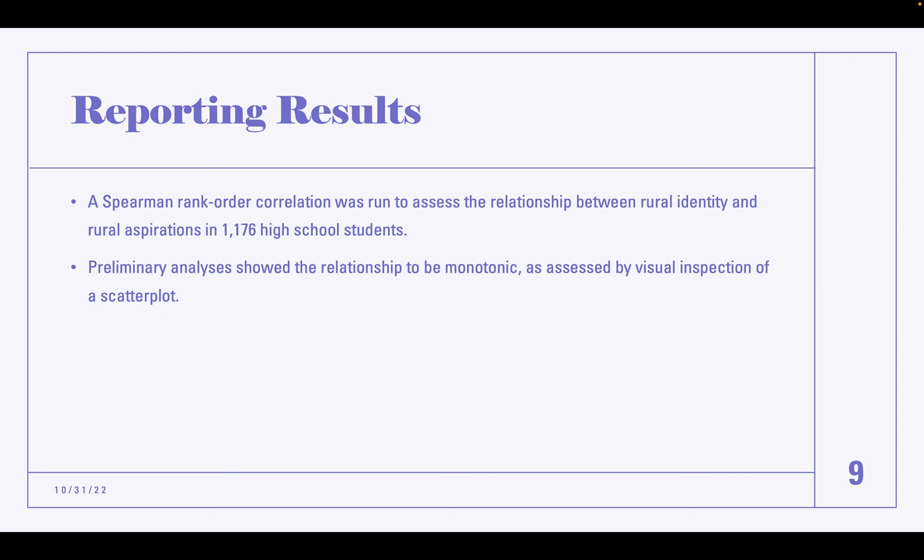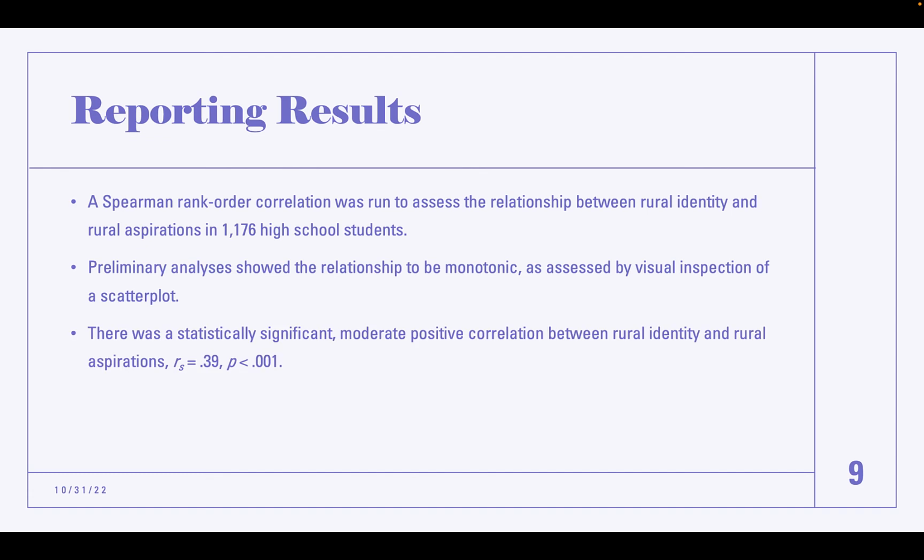You could also here give the Shapiro-Wilk results showing that there was a violation of normality. And then we would say there was a statistically significant, moderate, positive correlation between rural identity and rural aspirations, reporting that Spearman R and the p-value.